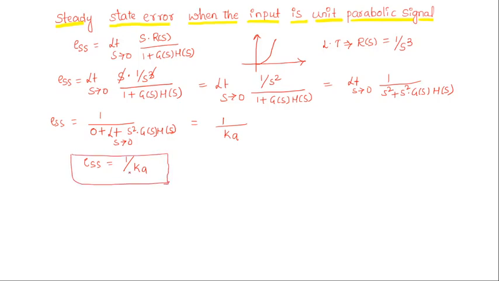Now we are trying to calculate the ESS for the type 0 system, for type 1 system, for type 2 system. So let me take the type 0 system. For type 0 system, the number of poles at the origin are 0.